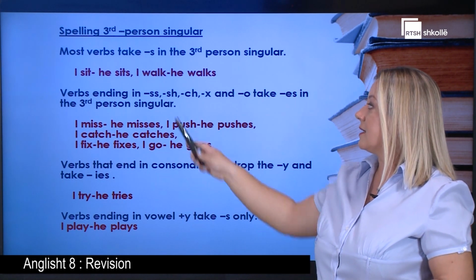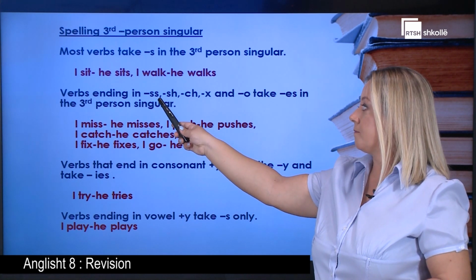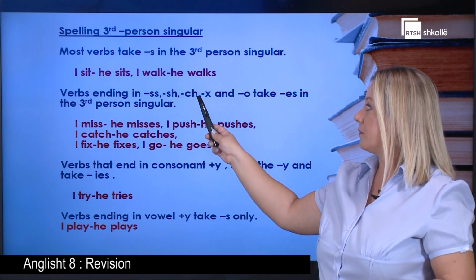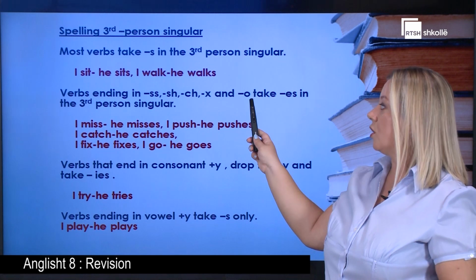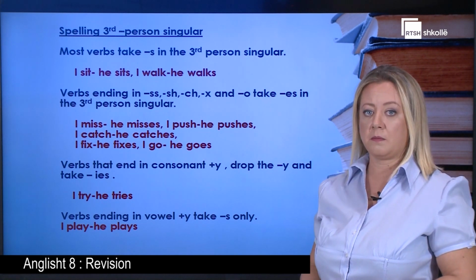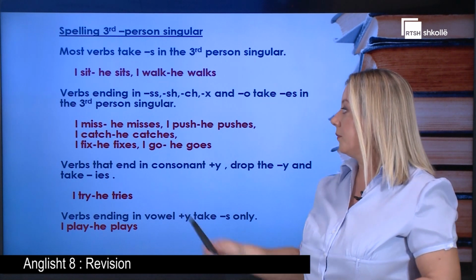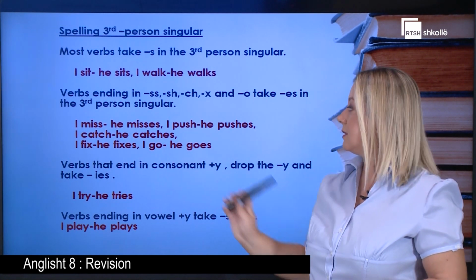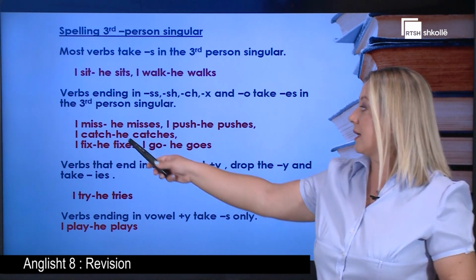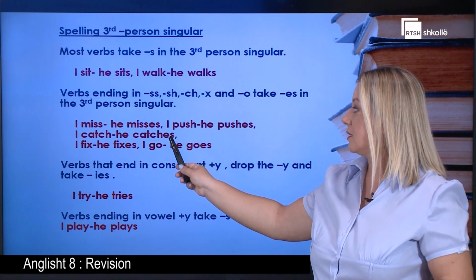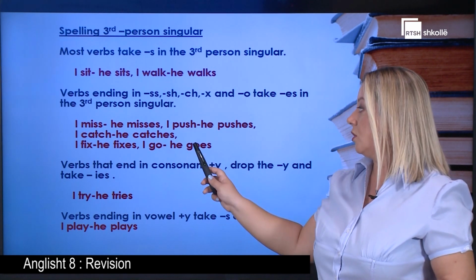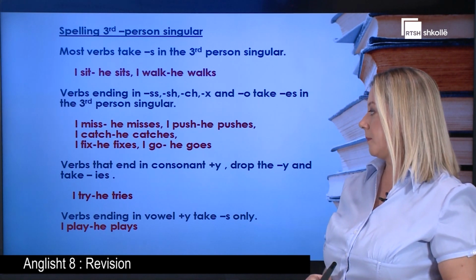Verbs ending in ss, sh, ch, x, and o take es in the third person singular. For example, I miss, he misses. I push, he pushes. I catch, he catches. I fix, he fixes. I go, he goes.